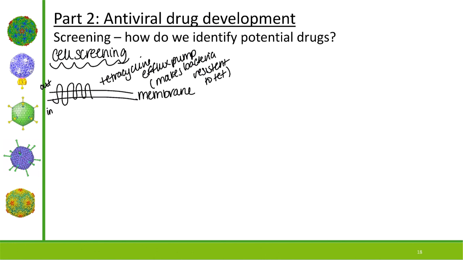So when we have this tetracycline efflux pump, because we are interested in looking for something that stops a viral protease, we know that viral proteases have specific cut sites. So what we're going to do is manipulate this tetracycline efflux pump, and you'll notice that I drew it with loops on the inside and loops on the outside of the cell.